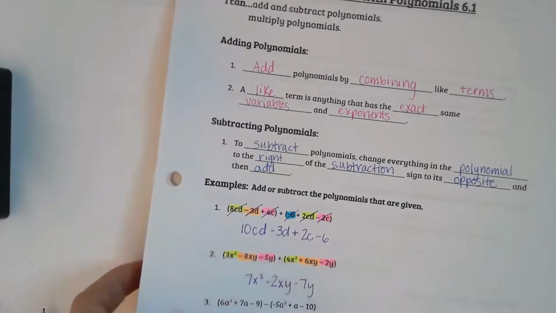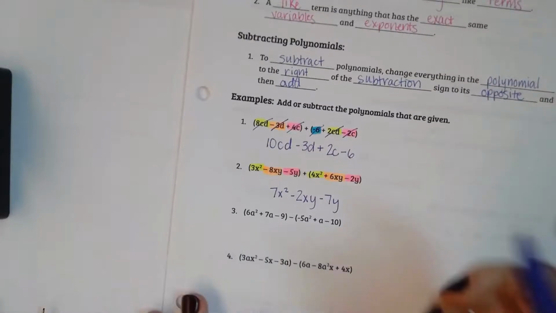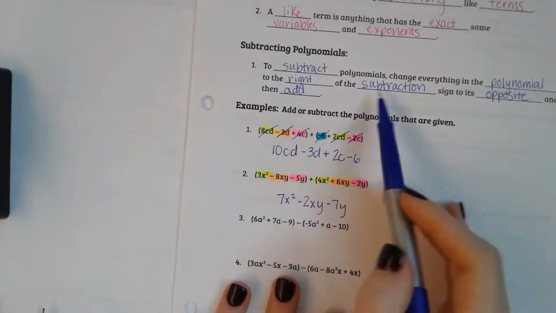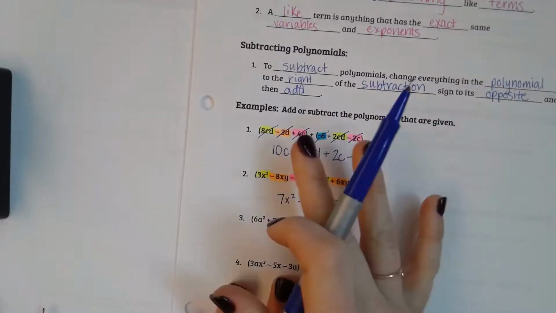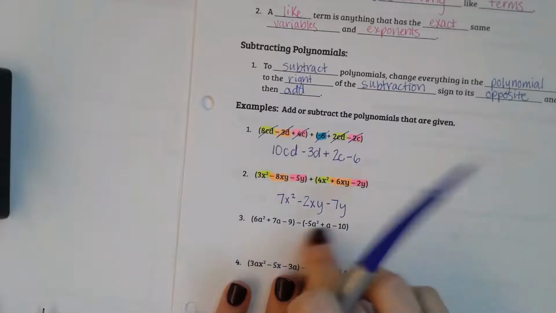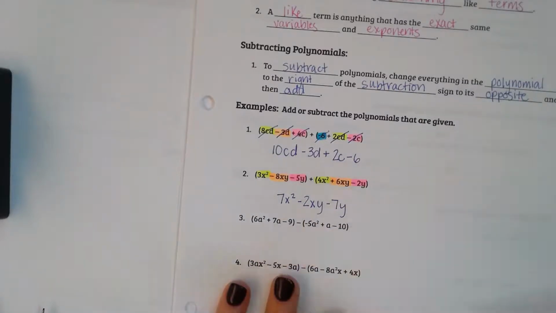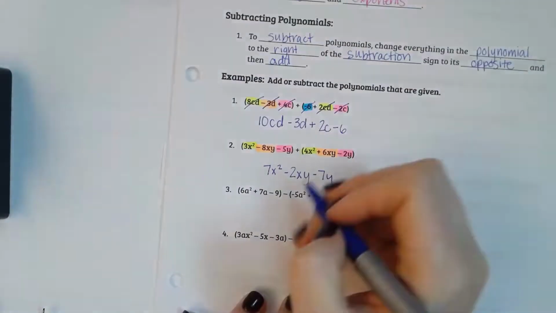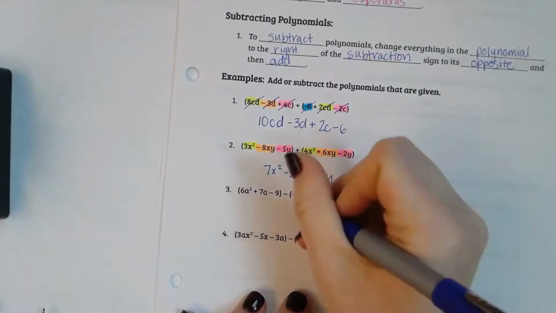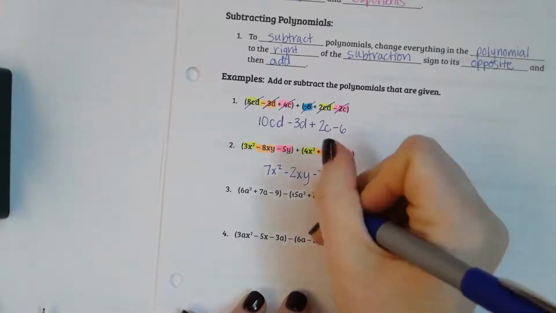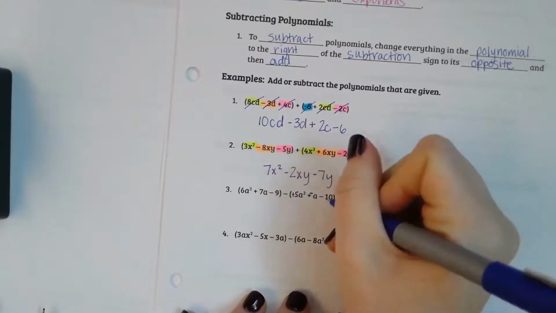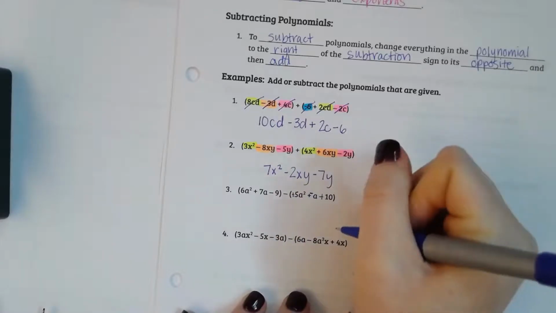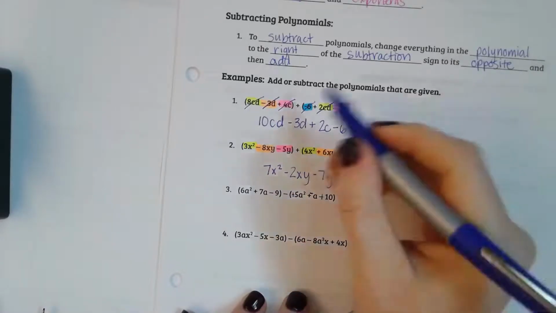So what that looks like down in the examples. You're going to change everything in the polynomial that's to the right of the subtraction sign. So that is the second polynomial. So you're going to change all those signs. So I'm going to change this to an add, this one to a minus, and then this one to an add. Then you're going to add them.